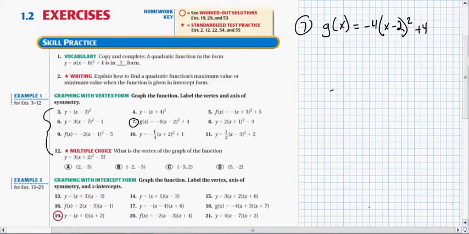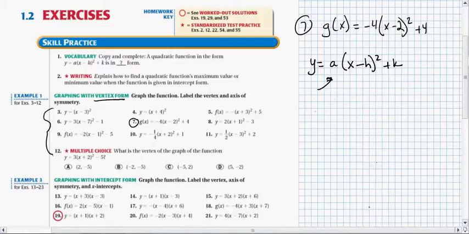So there's my problem. I'm asked to use the vertex form, and the vertex form looks like this: y equals a parentheses x minus h squared plus k.